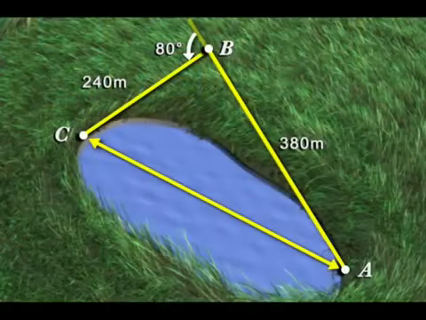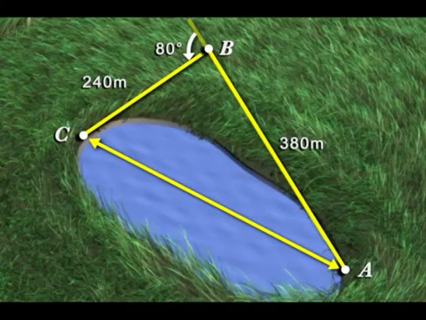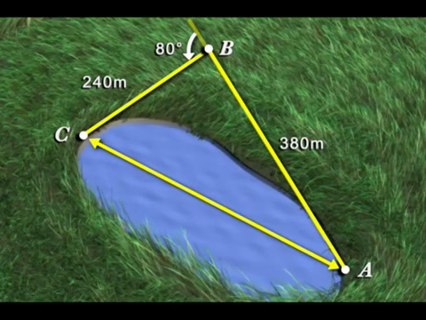Well, this is clearly a law of cosines problem. Here we go. We've got two sides, don't we? We have the sides 380 and 240, but we don't quite have the angle at B in our triangle ABC. What we do have is the exterior angle of 80 degrees.